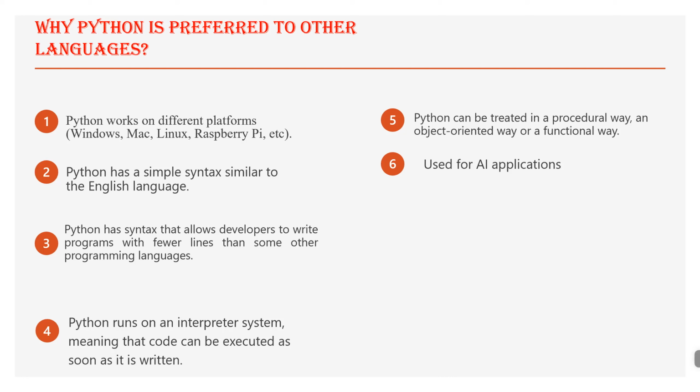And one of the best parts of Python is that it is used for artificial intelligence applications. Many artificial intelligence applications can be developed using Python, like image recognition, thumb recognition, image morphing, or any AI based applications.